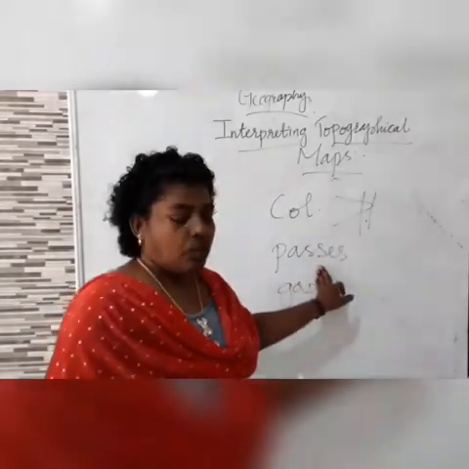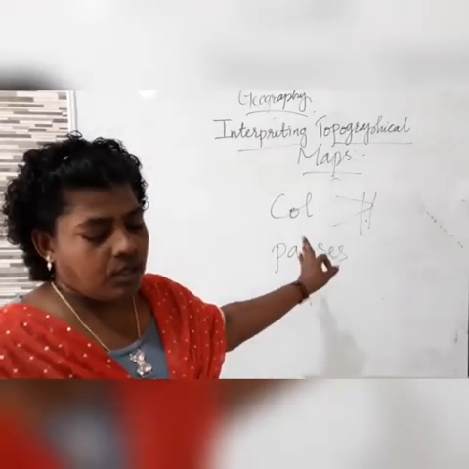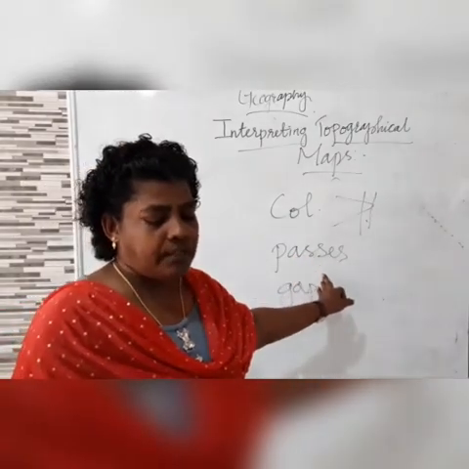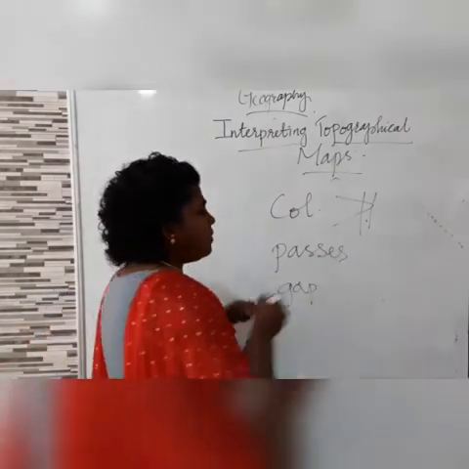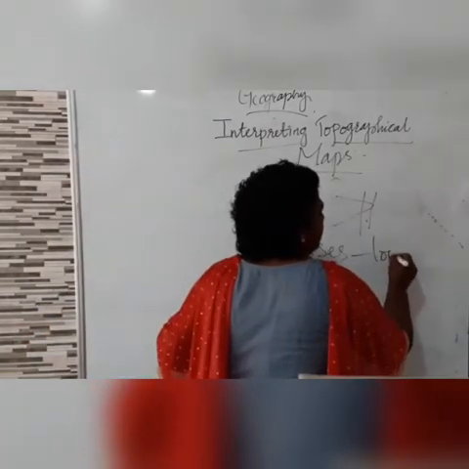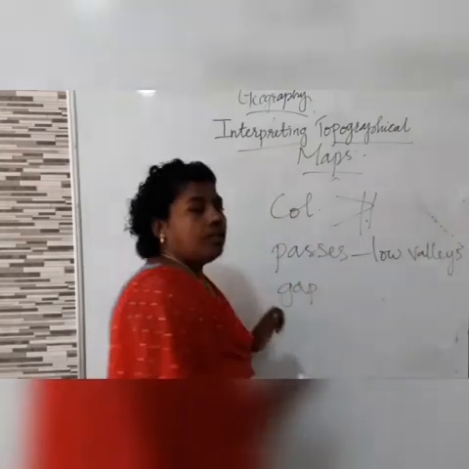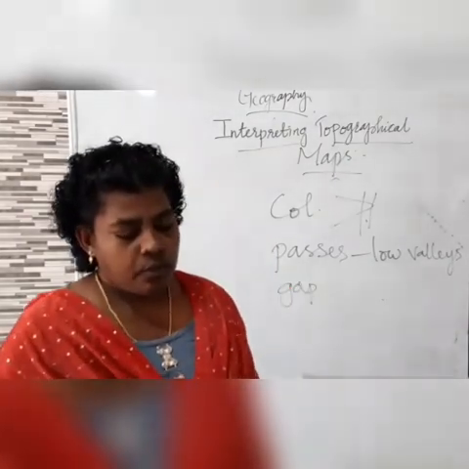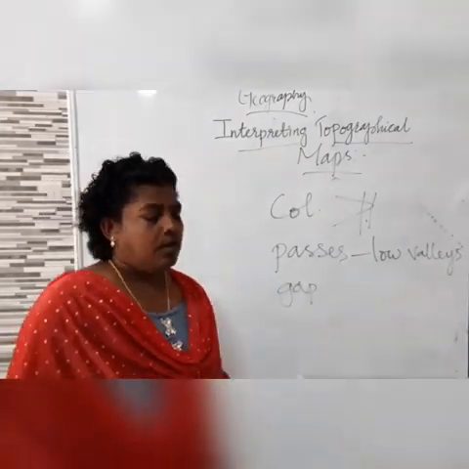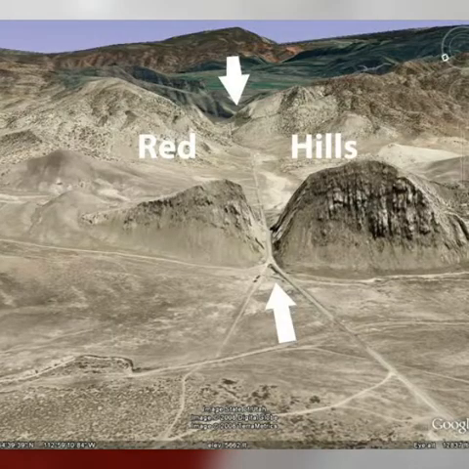And the passes. What are passes? Passes are lying between two peaks in a range of hills. They are low valleys. Passes are the low valleys, which you can find between two peaks in a range of hills.